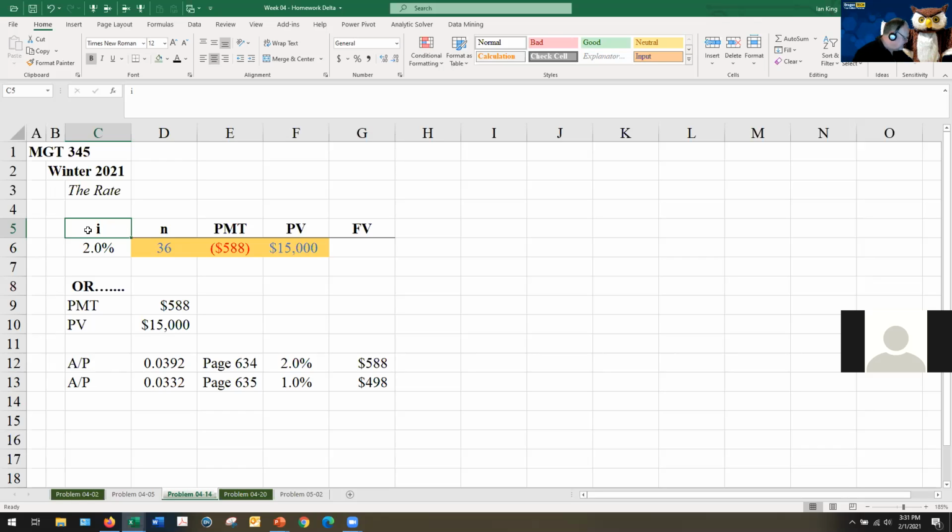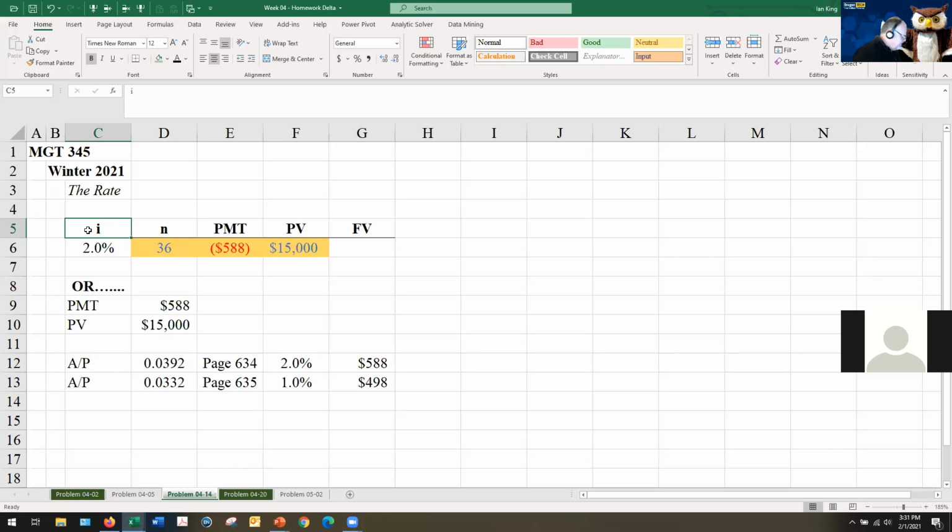Under the uniform series formulas, given $15,000, which is your P, the numerator is I, which is 7%, times 1 plus 7% to the 36th power, divided by 1 plus I to the nth minus 1.